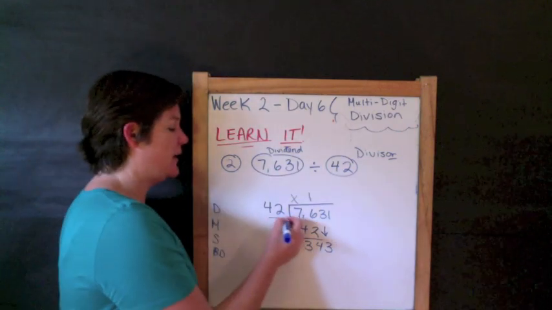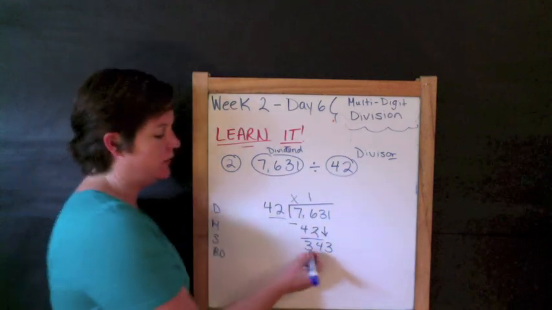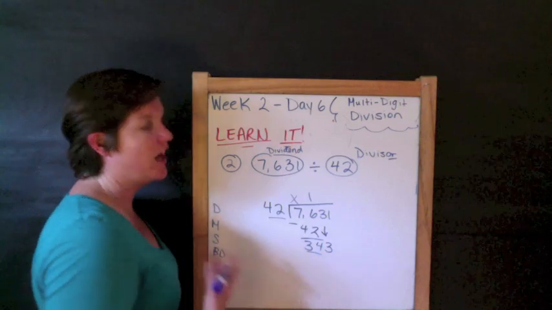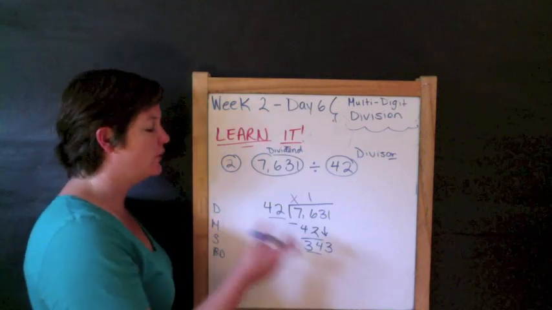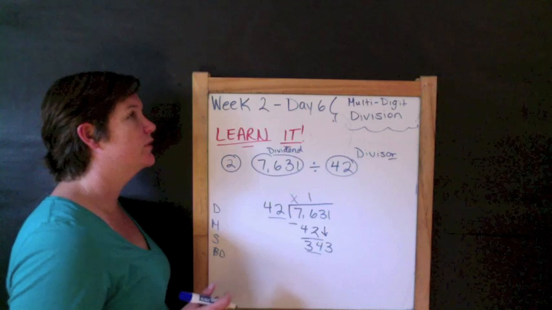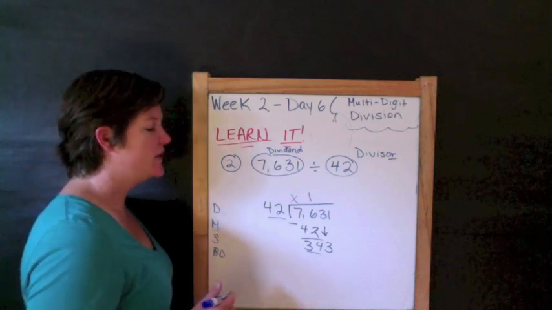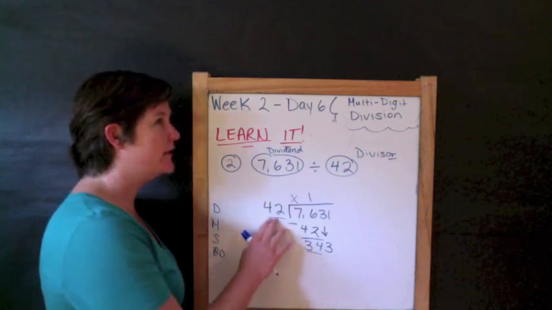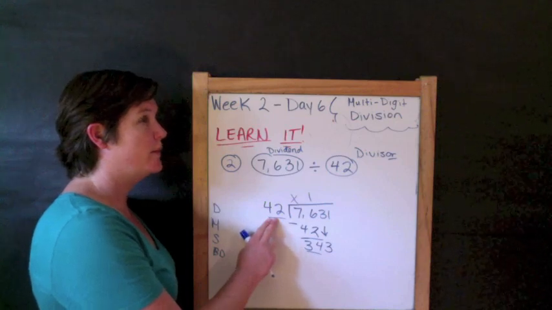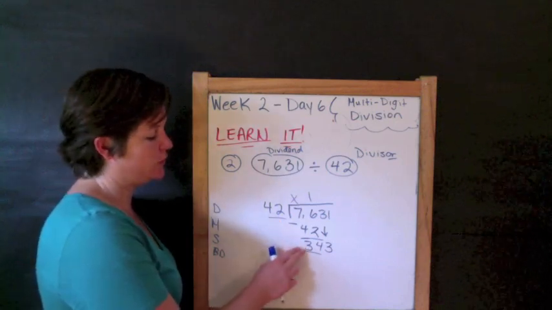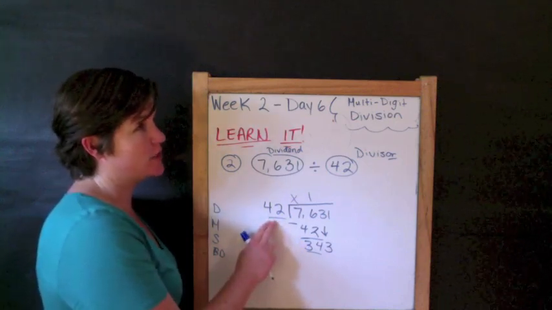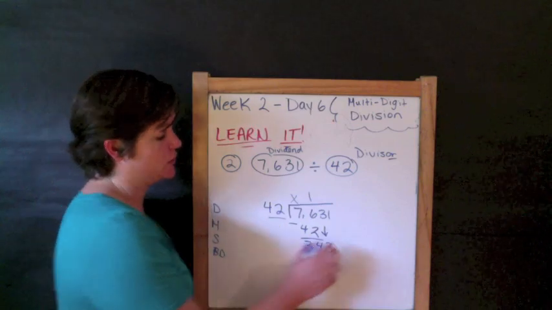So, about how many times does 40 go into like 300? Or 4 go into like 30. So I want to say like 7 because I know that 40 times 7 would be 280, which is pretty close. And 40 times 8 would be 320, which is close.